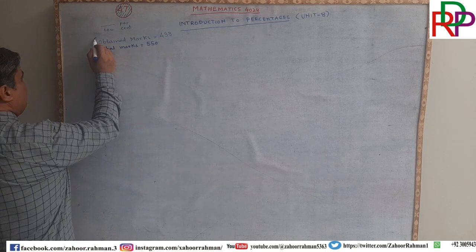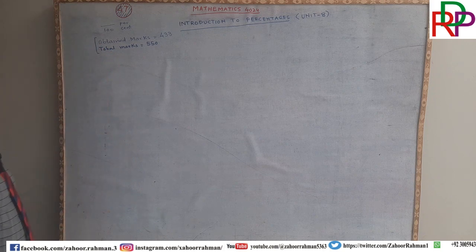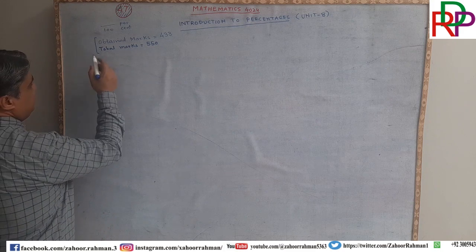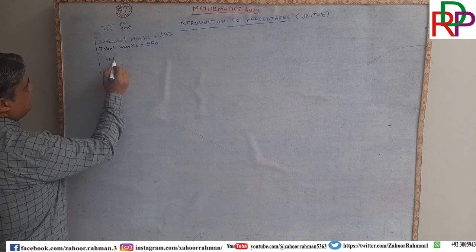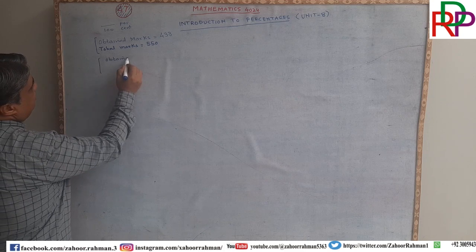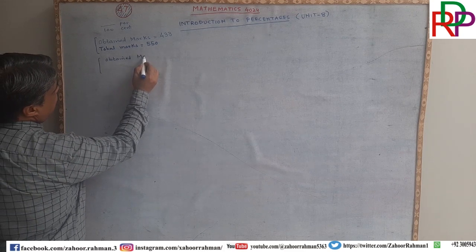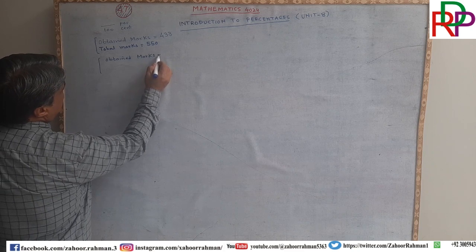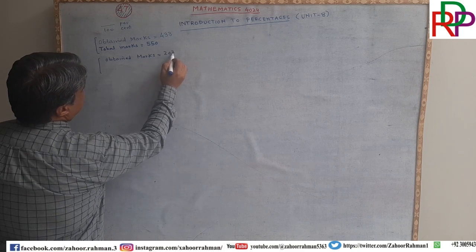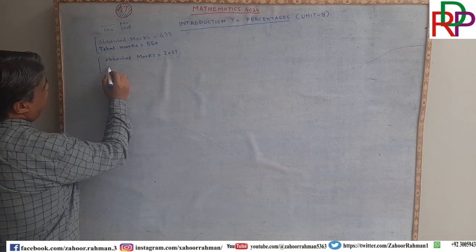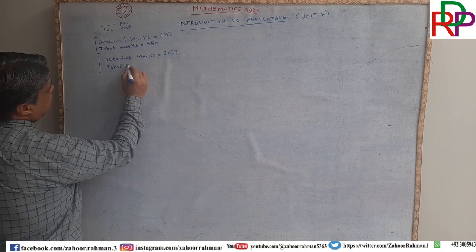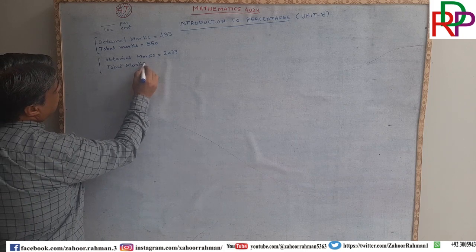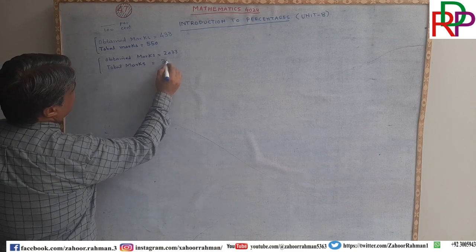This is one type of education giving you the concept. There is another institute in which a person is getting obtained marks equal to 2033 and the total marks are 3000.